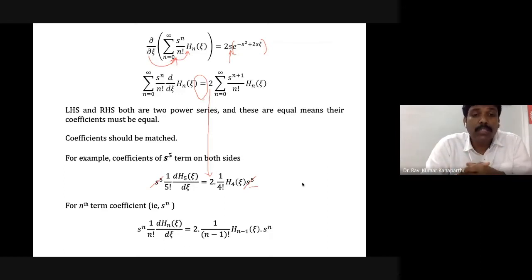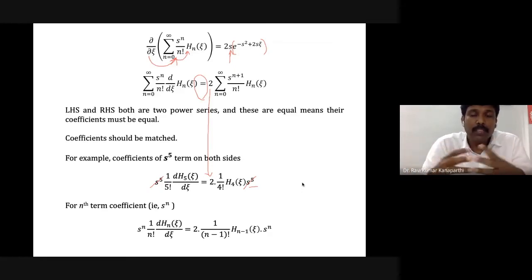The common term is this. So I wanted to evaluate the coefficient of s to the power n on both sides. In that case, on the left hand side, you can happily substitute n is equal to n itself, but on the right hand side, you have to substitute n is equal to n minus 1.